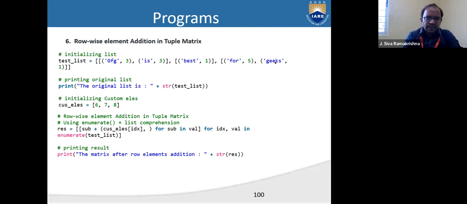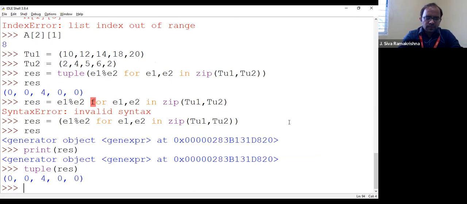First, let us create a matrix using a tuple. So what do we want to create? A test list. Let us create a test list. It is supposed to be a list, and the list consists of tuples.